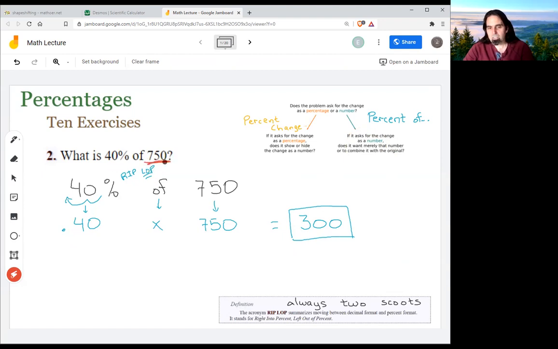And then we'd have to add the 750 because that didn't go away. Or it might say that the computer is on sale for 40% off. What is the new cost? And then we would have to do 750 minus 300 because they want the new cost, not just how much it changed. So sometimes there's a part 2 with word problems, but not this time.